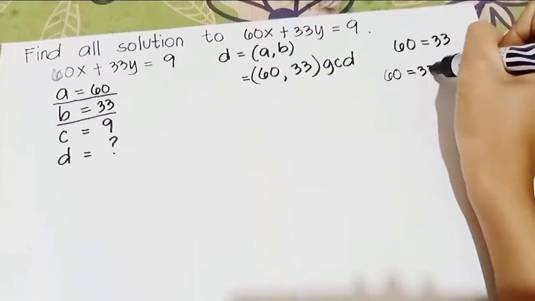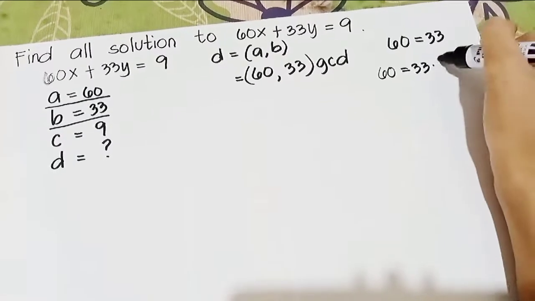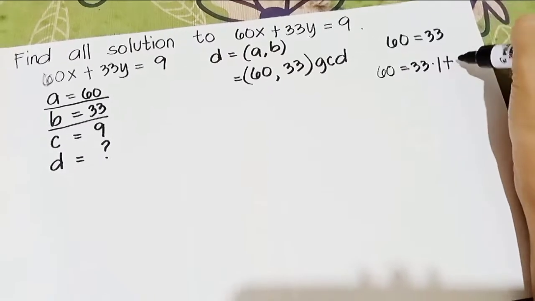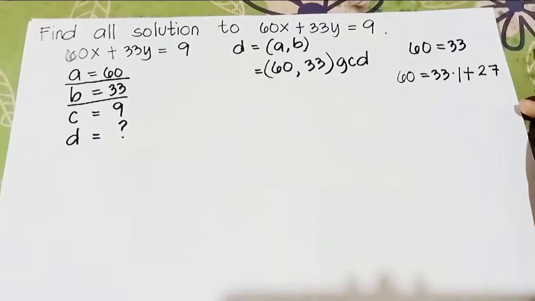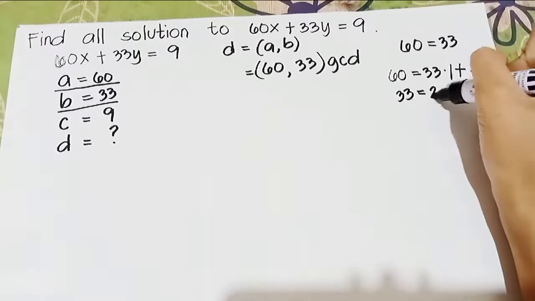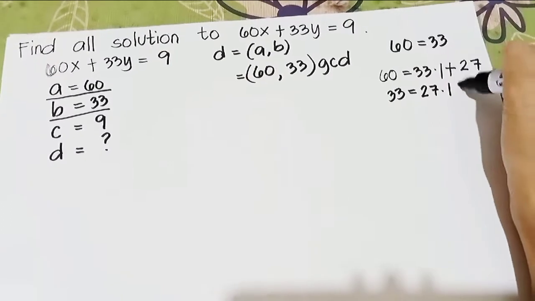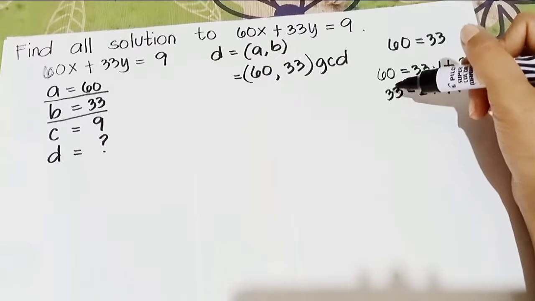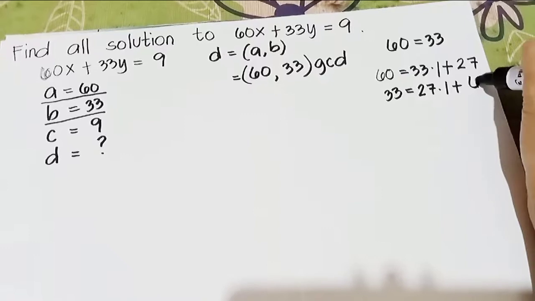60 divided by 33 is 1, plus the remainder 60 minus 33, which is 27. Then 33 divided by 27 is 1, plus the difference between 33 and 27, which is 6. That is the remainder.